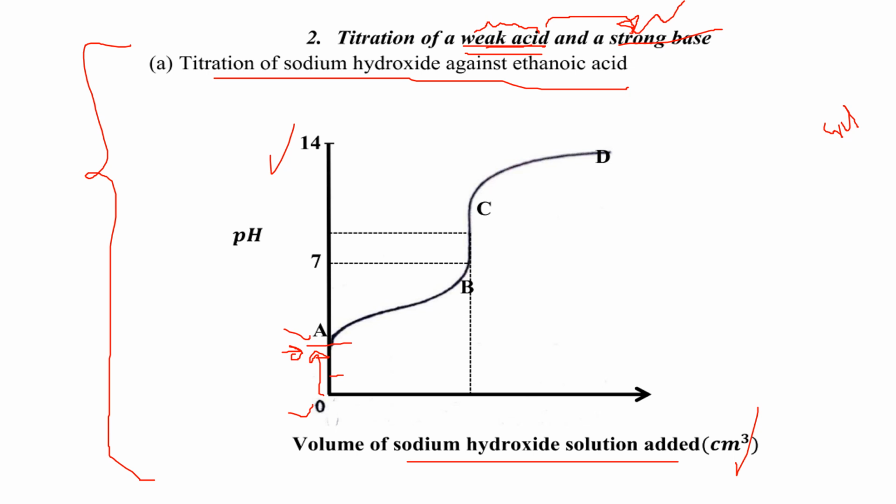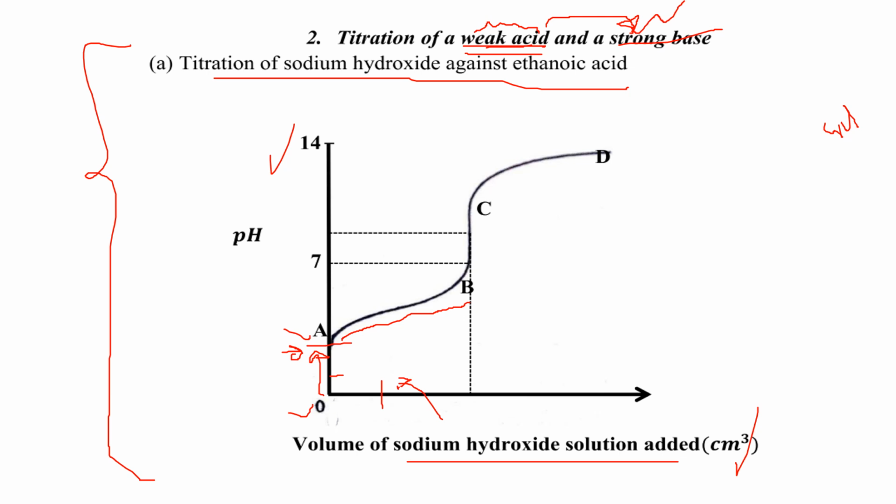Now, along AB, you are seeing that pH is gradually increasing. Remember that here we are adding a little of sodium hydroxide, and we are having excess of the weak acid, which is ethanoic acid. If you add sodium hydroxide to ethanoic acid, you are going to be forming sodium ethanoate.